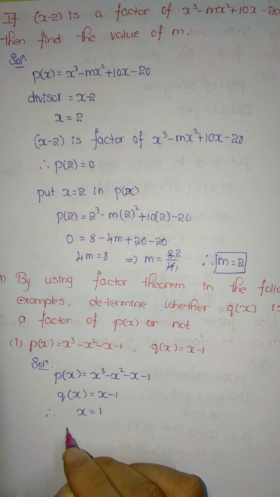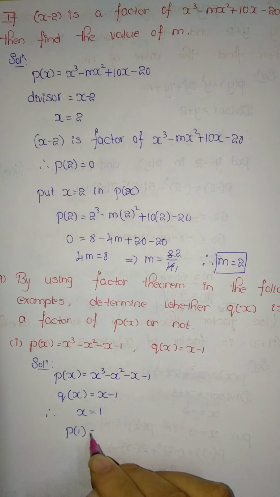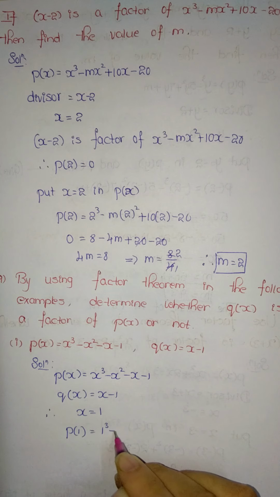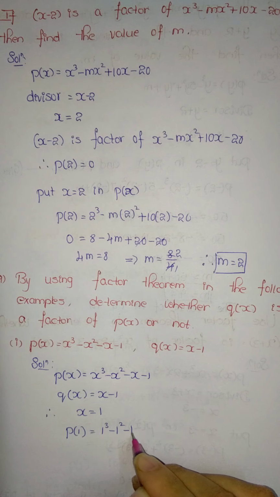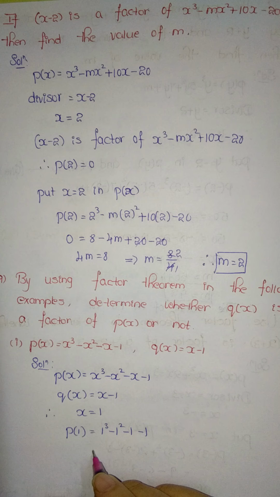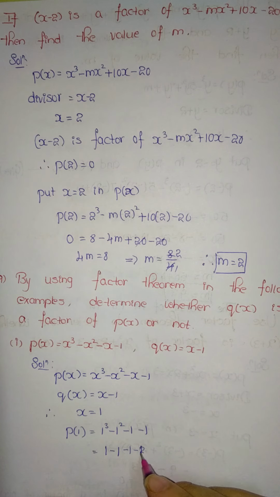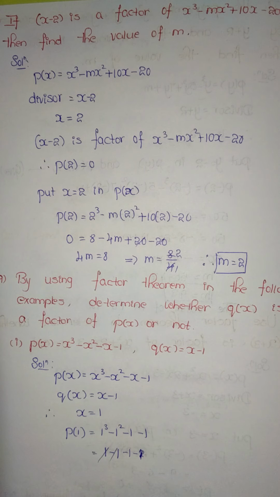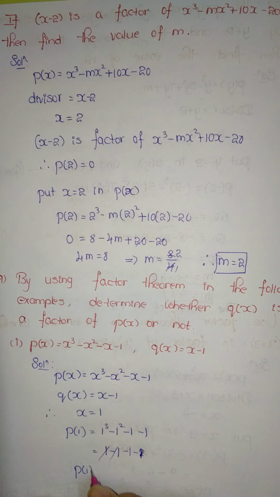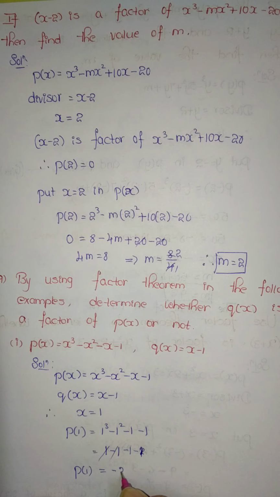So put: p of 1 is equal to 1 cube minus 1 square minus 1 minus 1. So here it becomes 1 cube is 1, minus 1 square is 1, so minus 1, minus 1. So plus 1 and minus 1 cancel and the remaining is minus 2. So p of 1 equal to minus 2.